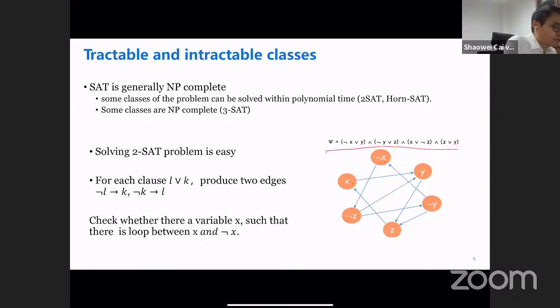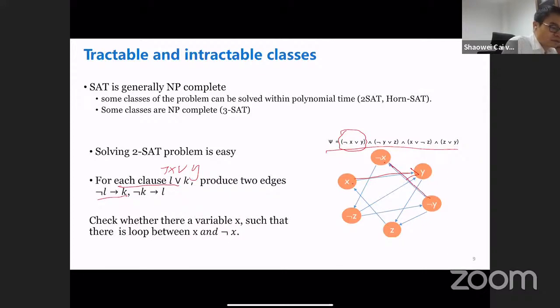And then for each clause, we produce two edges. For example, in the first clause, not x or y, then we have x connected to y. Then we have this edge x pointing to y, and the other way, not y pointing to not x.